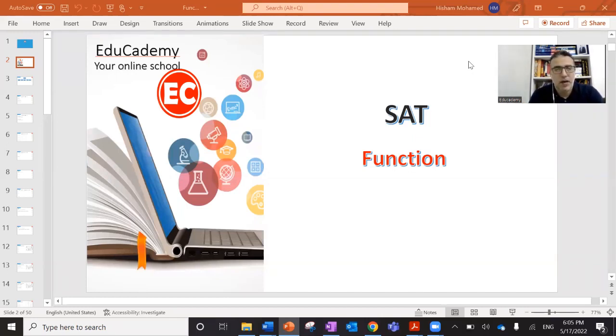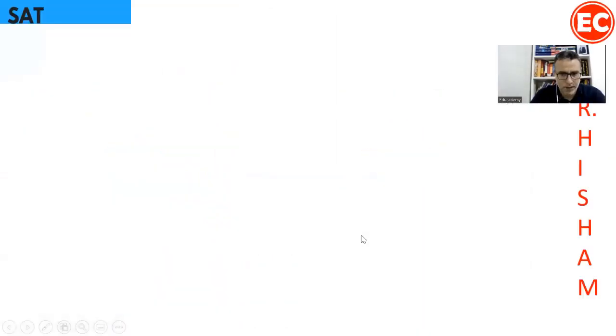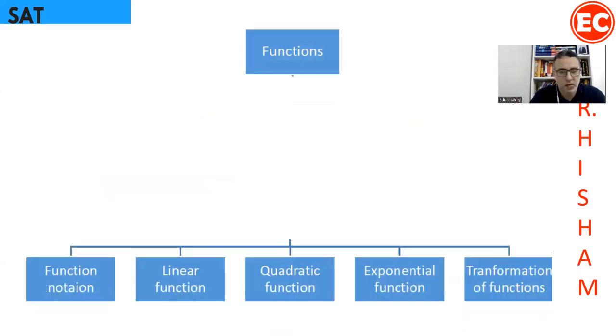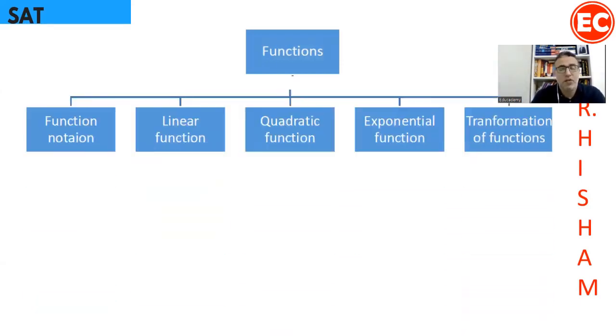Functions are divided into a lot of values, a lot of equations, and a lot of methods of solving. Functions in the SAT are divided into function notation, linear function, quadratic function, exponential, and transformation of a function.